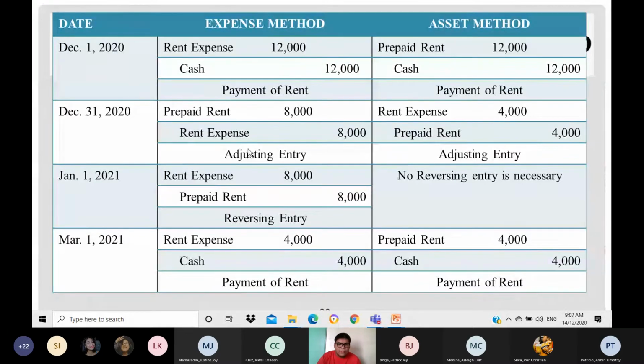Let's say in March, you're paying again: rent expense and then cash. It continues like that, March, April, May, June, July, August, until December comes again and you have another reversing entry.